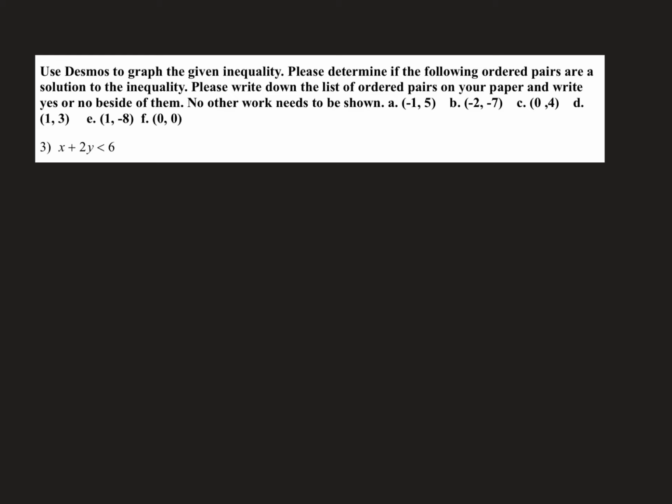For this next problem, if you will write down number 3 and then just write that list of ordered pairs. -1, 5. B. -2, -7.